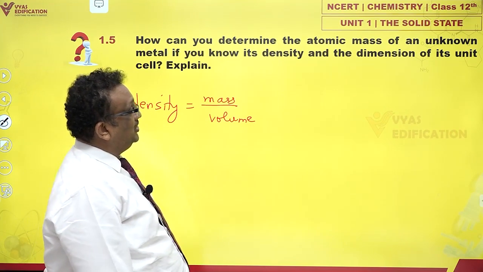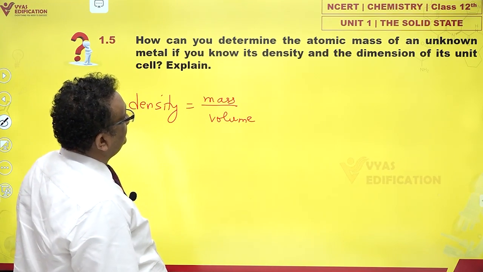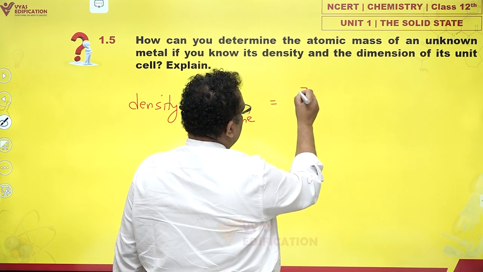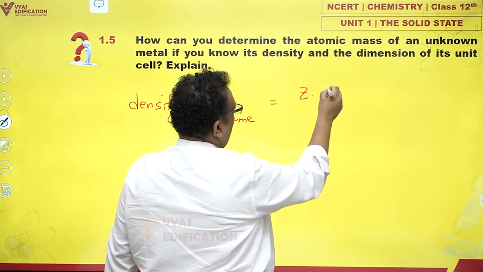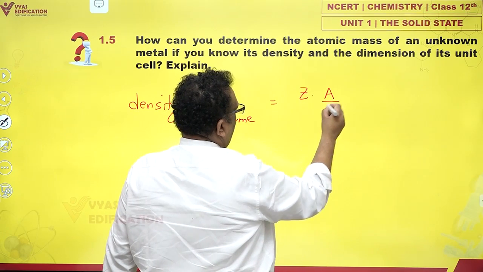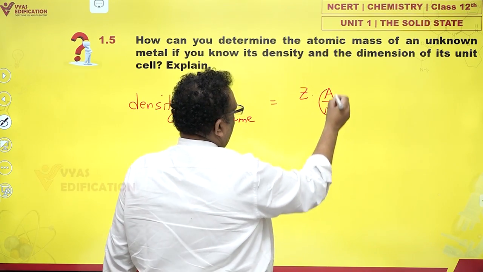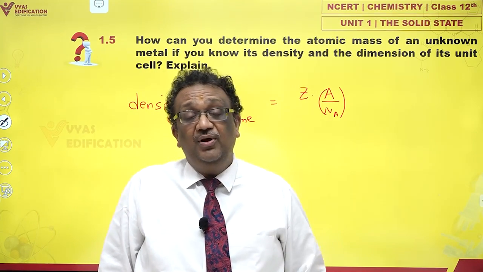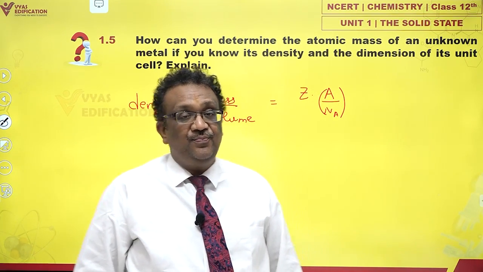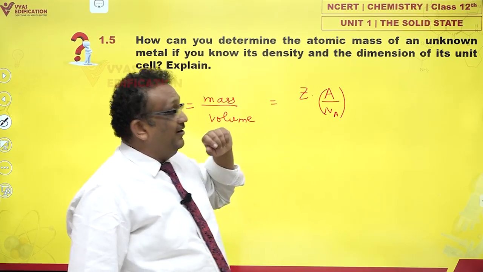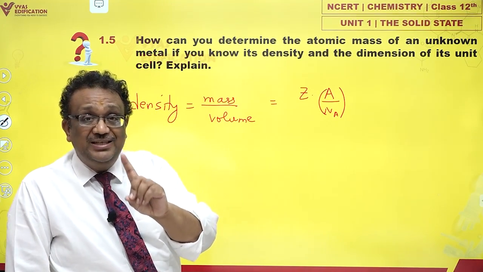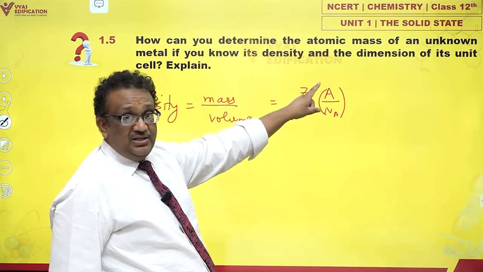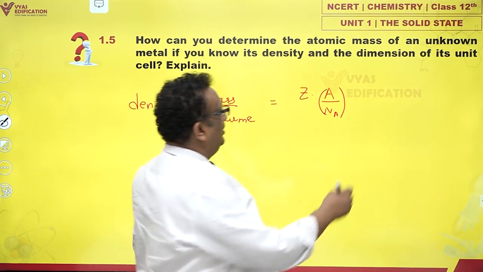Now, what is the mass of unit cell? Mass of unit cell would be Z into atomic mass by Na. What is this? Atomic mass is mass of 1 mole of atoms. So divided by Na would give you the mass of a single atom.